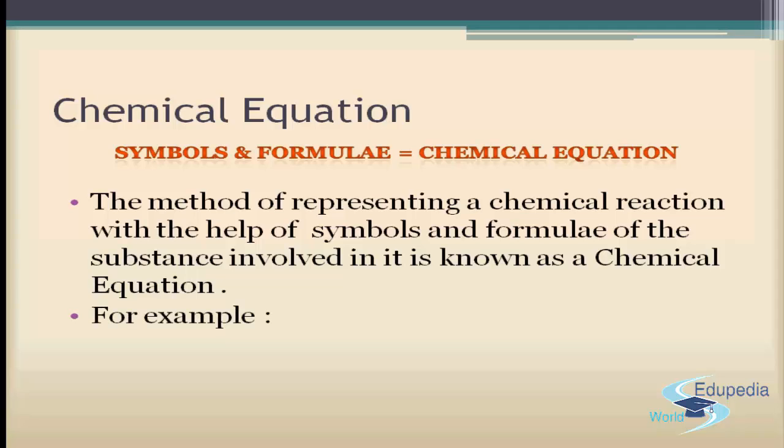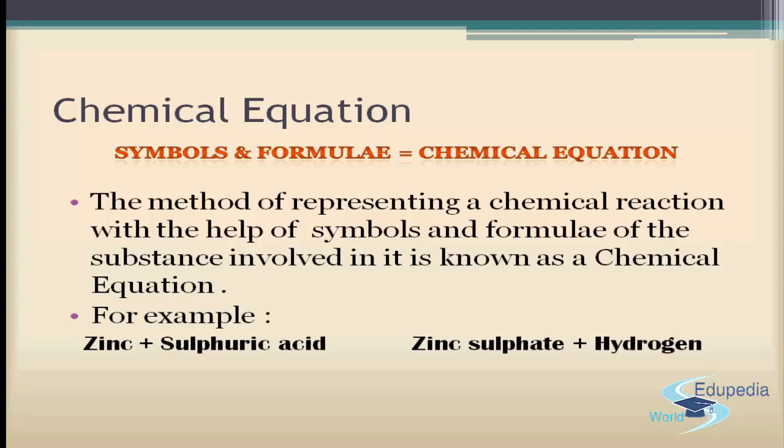For example, I take zinc metal which is reacting with dilute sulfuric acid to form zinc sulfate and hydrogen. Here you see the substance which combines and reacts are known as reactants.